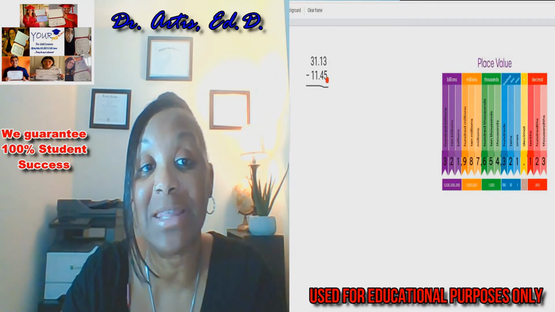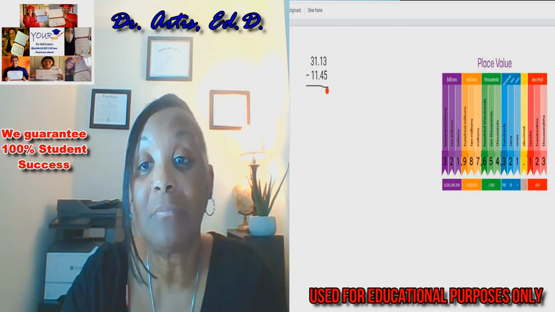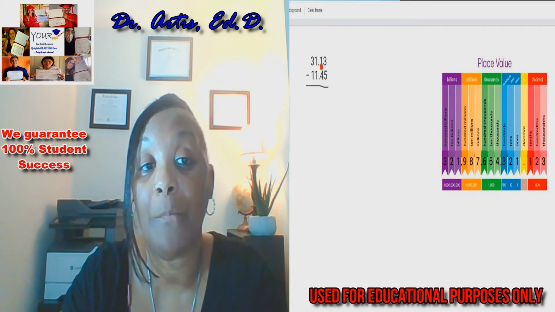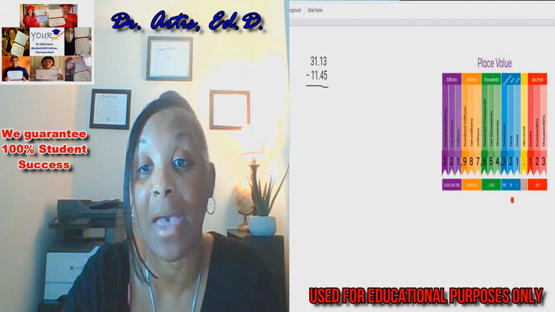Now, when I refer to these columns here, these are the columns to the right of the decimal. These are parts of a whole. They are not whole numbers, okay? So in this case, this is going to be your tenths column, and this will be your hundredths column, okay? As you see right here.